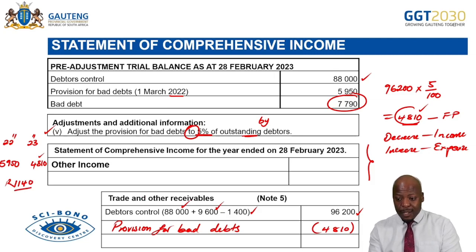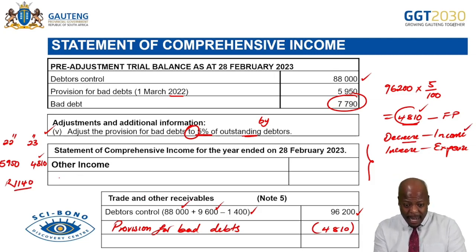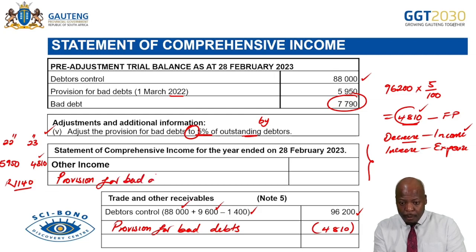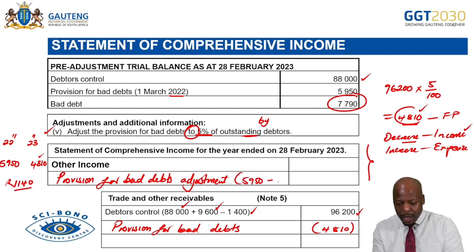Once it is a decrease, we've agreed, it becomes what? Income. So I'm going to come here and I will now say provision for bad debts adjustment. The previous year it was 5,950, but now it is 4,810.